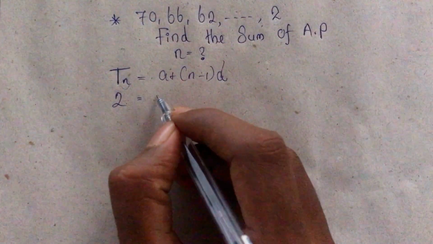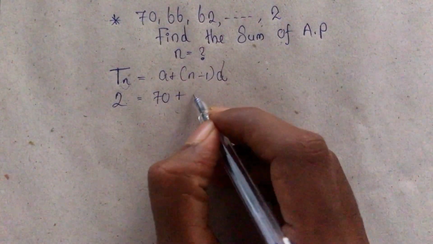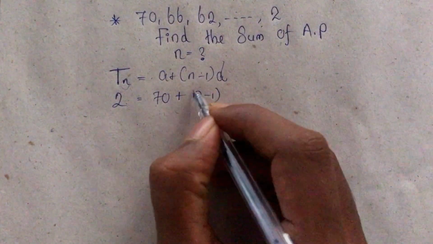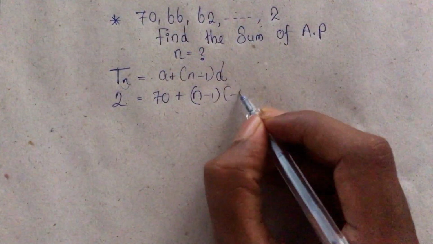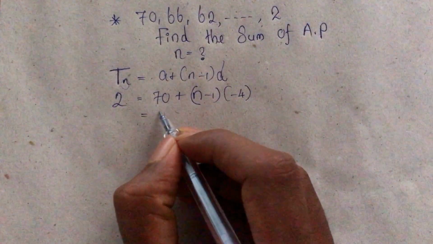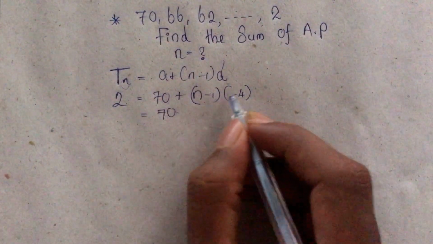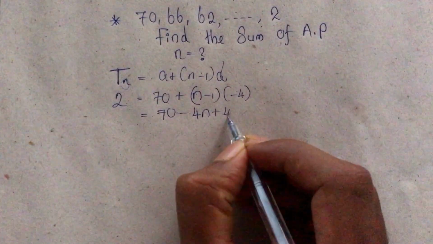We can use the last term for Tn because when you go to n terms you can find the last term as 2. Then a is 70 and n is unknown. d is minus 4.